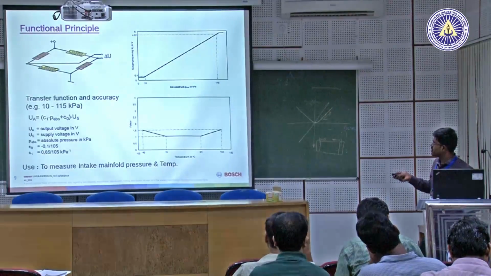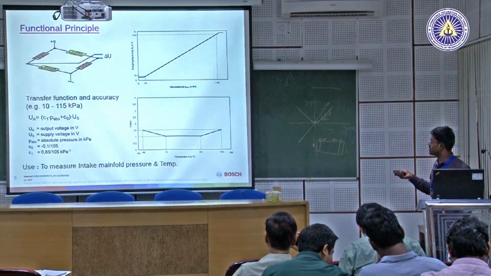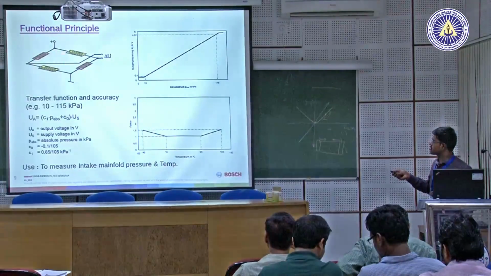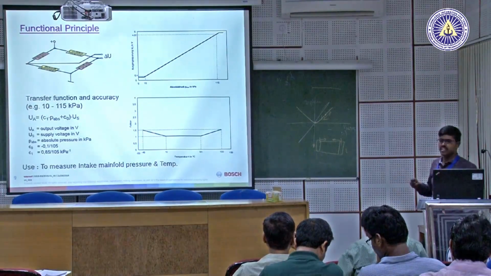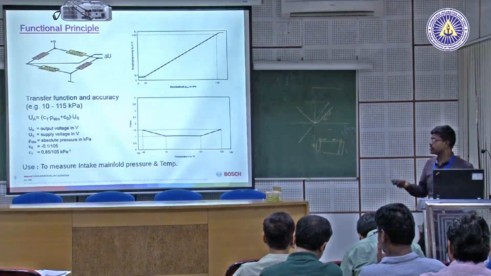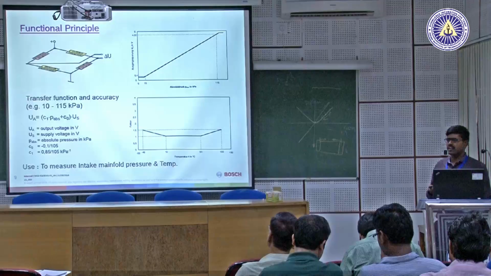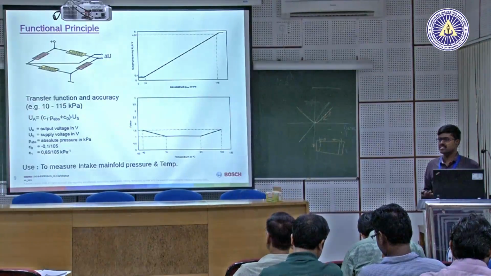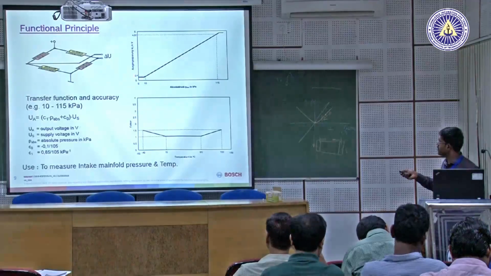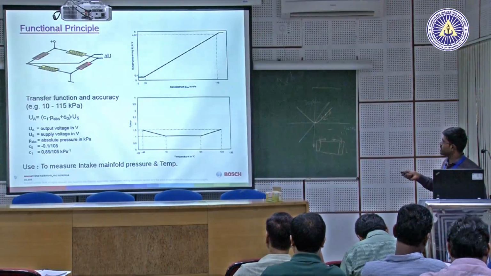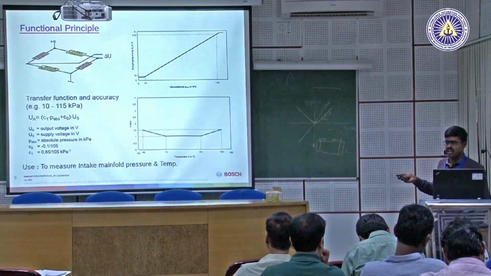When there is no incoming pressure, there will be some voltage given to the ECU, which you can see here is 0.4 volts. It will be constant without any pressure, that is at atmospheric pressure. This voltage will be around 0.4 volts.